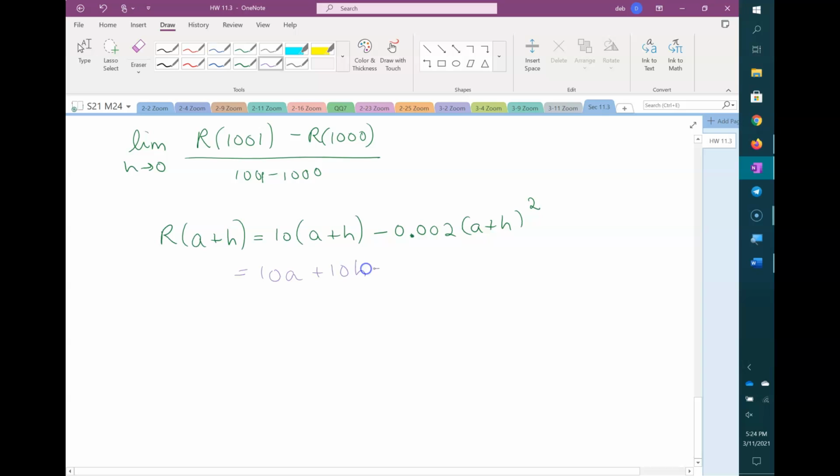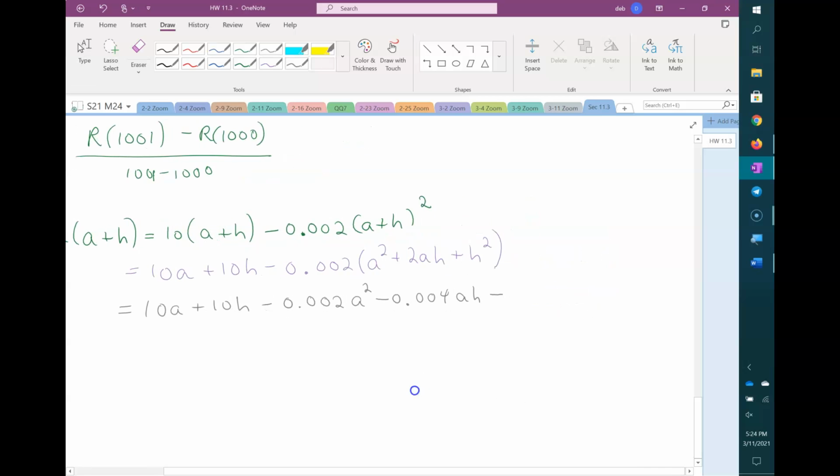So 10A plus 10H minus 0.002 times a squared plus 2ah plus h squared. And keep distributing as much as you can. So I'm going to distribute the 0.002 to a squared, to 2ah, and to h squared.